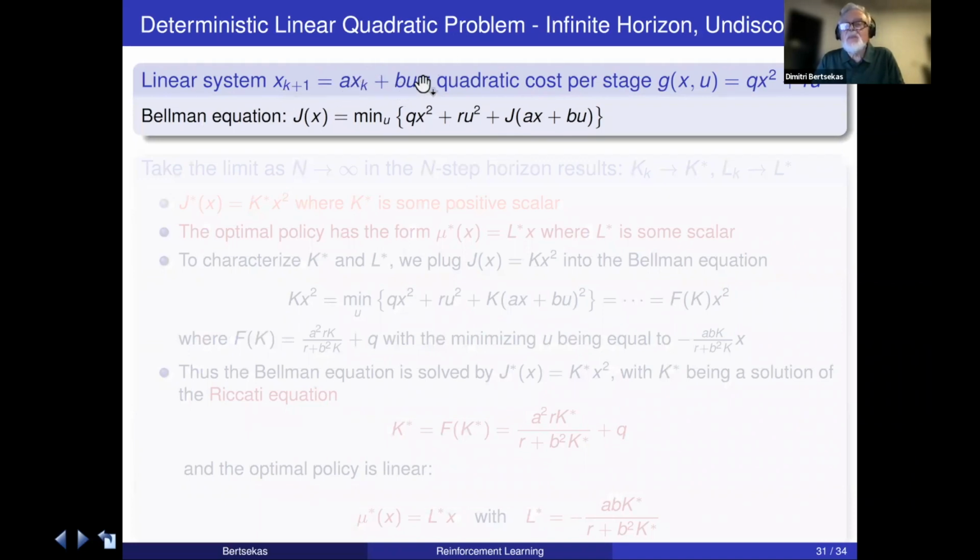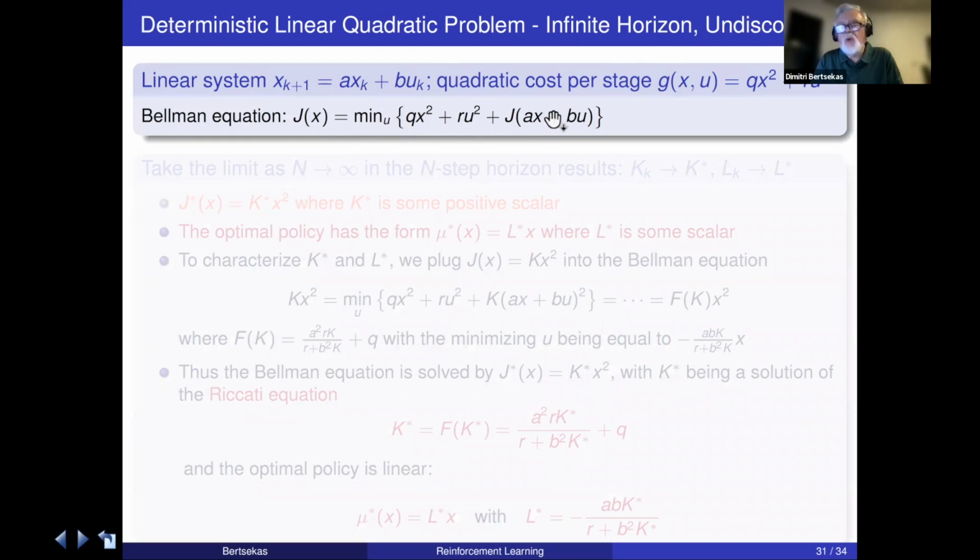So we have a linear system, and we're going to assume that it's deterministic. The reason is that we don't want to involve any discount factor, and to keep the cost finite over an infinite horizon, we need to drop the uncertainty, the w_k.